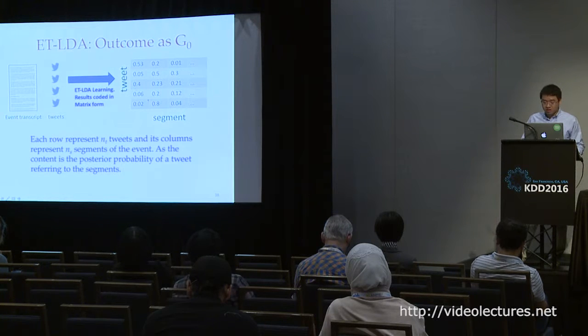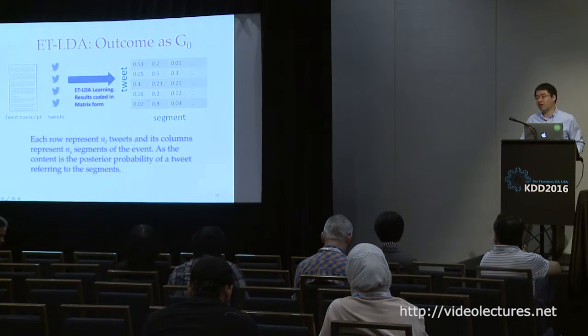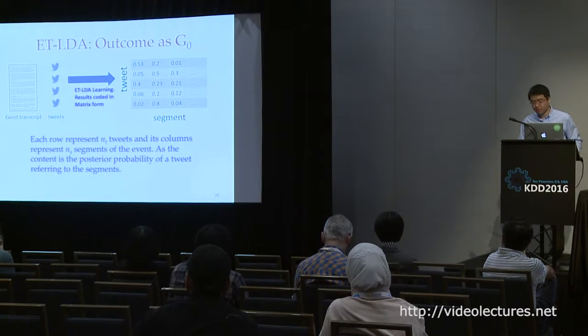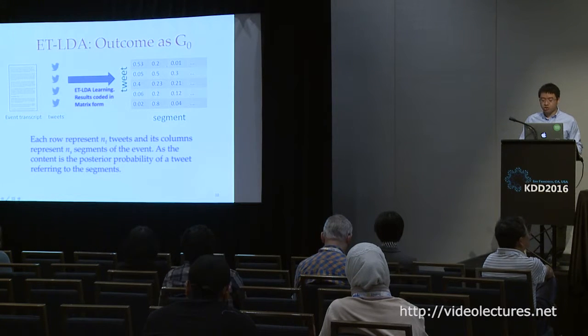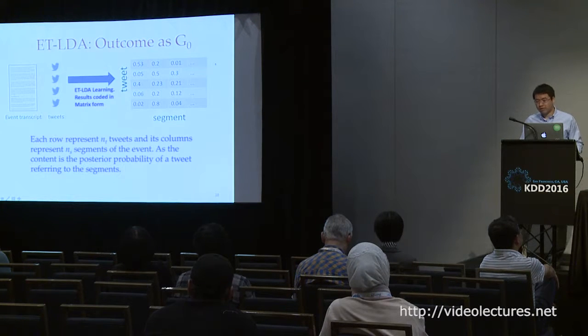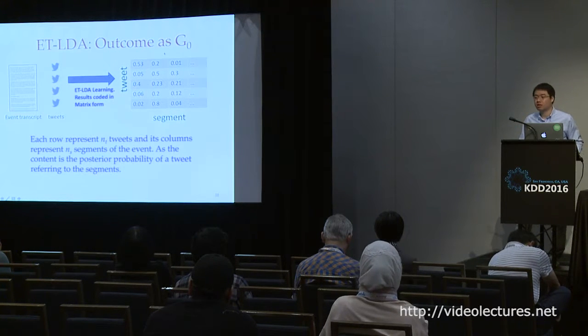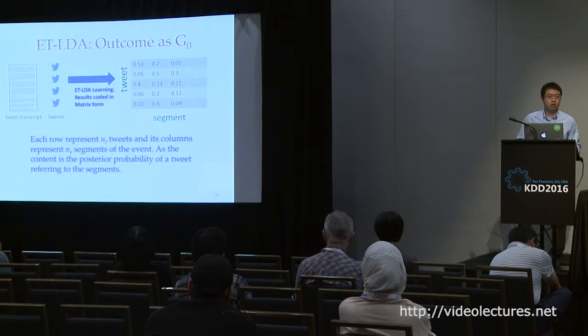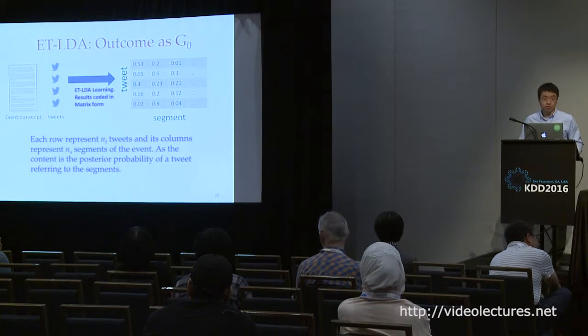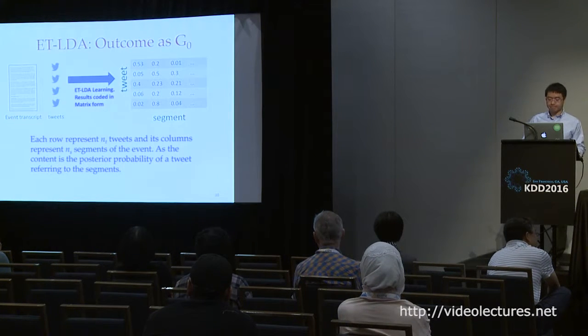From ETLDA, we learn the alignment between the tweets and the segments. For G0, each row represents a tweet, and each column represents a segment of the event. The value here represents the probability, returned by ETLDA, that this tweet refers to this segment.